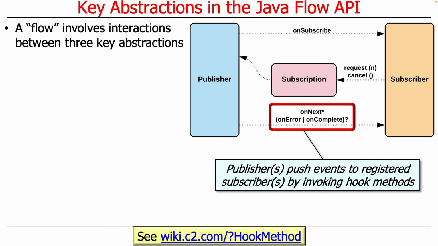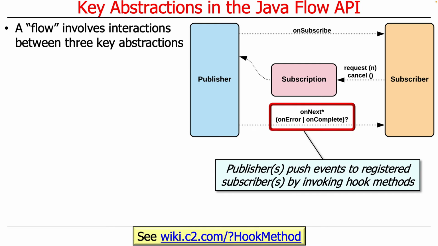In fact, that communication process, the semantics, are captured in this regular expression, which says a publisher can push 0 or more events. That's what the onNext star means. 0 or more events can be pushed via the onNext hook method to one or more subscribers. And then optionally, it could be the case that there's an error that's reported.